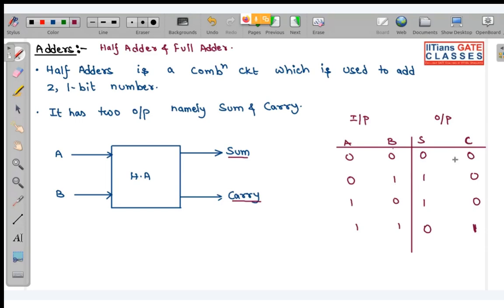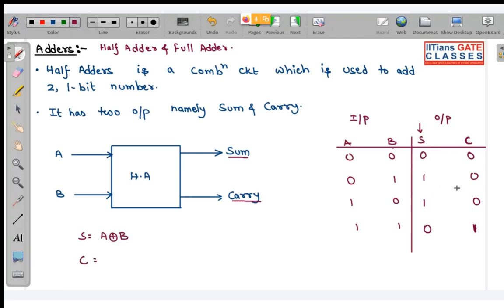So now, if I want to write the expression of S in terms of inputs A and B, you can see I can write S as A XOR B, because this S is the truth table of the XOR gate.